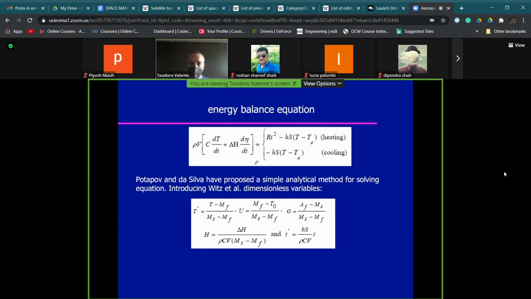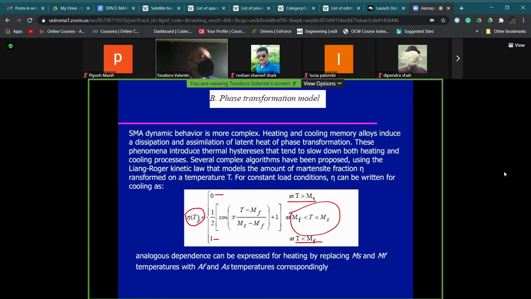So having said that, we could discuss before going on another topic that is related to the fact, generally speaking, that when we have a phase transformation, and we have it inside this example, we have also a latent heat of transformation.